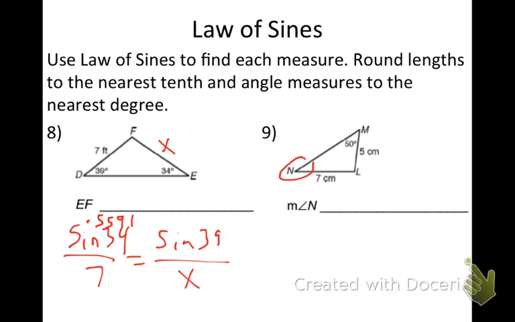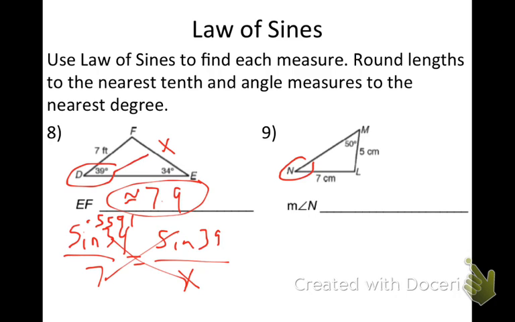Okay, great. Go to sine of 39. Then you use cross products, right? And you solve, and you got EF comes out to be what? 7.9. Approximately 7.9. Nice work, sir.